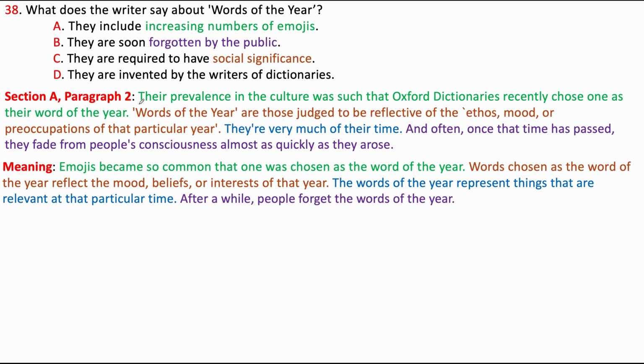The first sentence means emojis became so common that one was chosen as word of the year. The second sentence says that this tells us that words chosen as the word of the year reflect the mood, beliefs, or interest of that year. The third sentence says that the words of the year represent things that are relevant to that particular time.